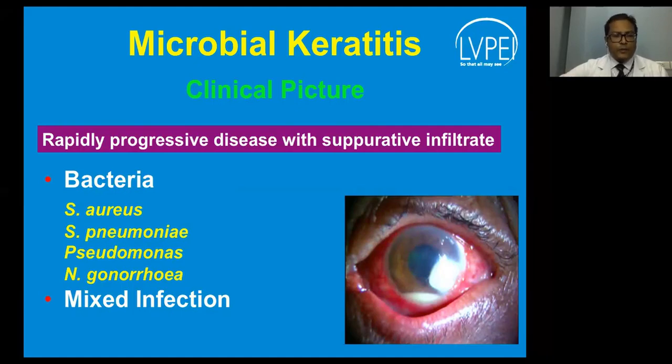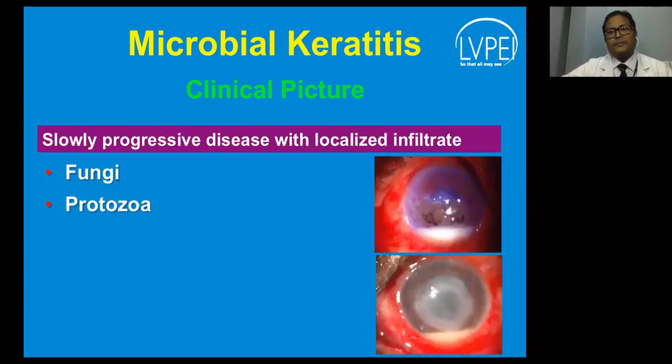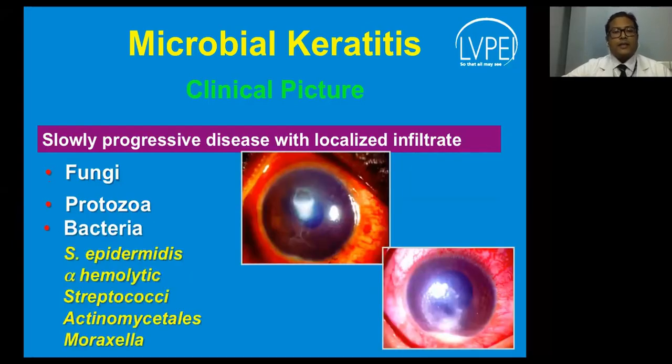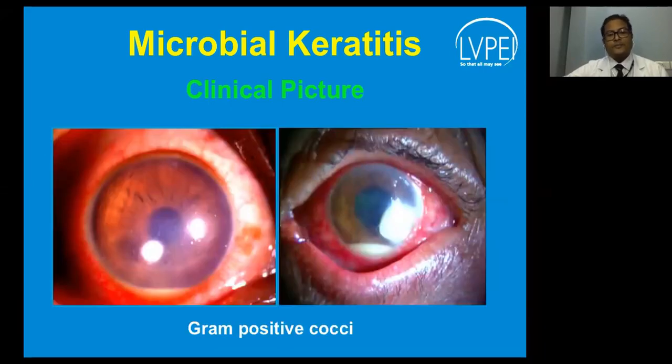And the following group of bacteria like aureus, pneumococcus, pseudomonas and gonorrhea can be fulminant. A slowly progressive lesion alternatively could be more commonly due to fungus or protozoa. However, there are slow growing bacteria too, such as Staphylococcus epidermidis, alpha hemolytic streptococcus, actinomycetes and Moraxella.